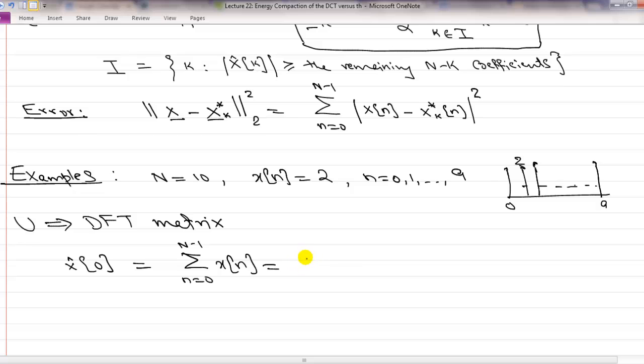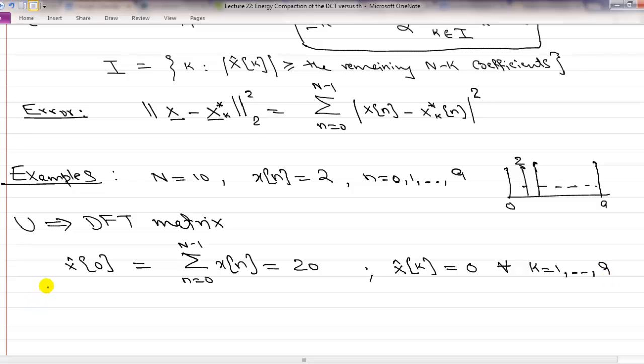That will be equal to 2 times n, which is 20. Whereas x hat of k will be equal to 0 for all k equal to 1 up to 9. So is this signal compressible, or does DFT do a good job of compressing this kind of a signal? And the answer is, of course, yes. You only need one coefficient to know everything about the signal.